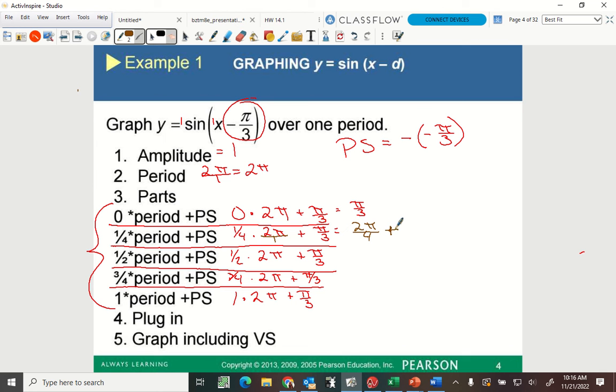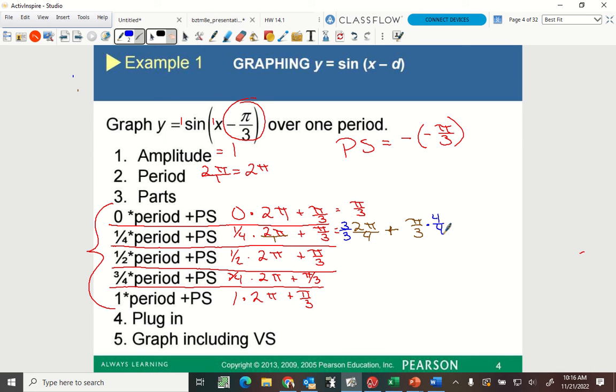Now plus pi over 3. To add fractions together, they have to have a common denominator. If you can't think of a common denominator for 4 and 3, just multiply them together. So it's going to be 12. I'm going to multiply the first one by 3 over 3, and this one by 4 over 4.